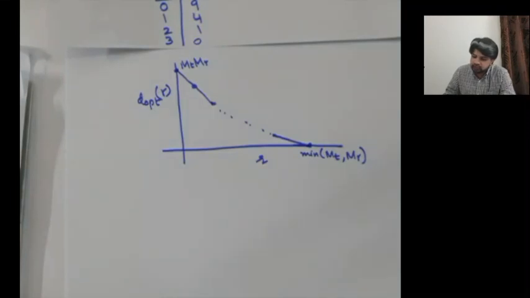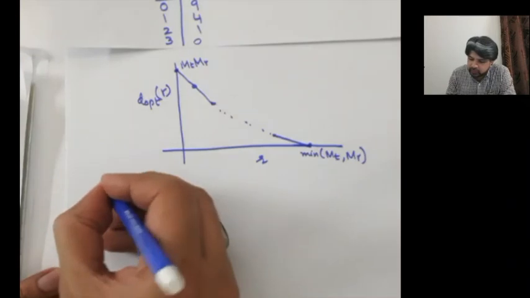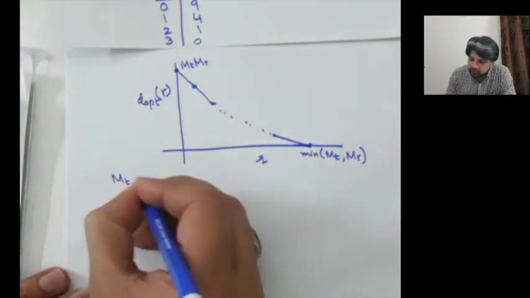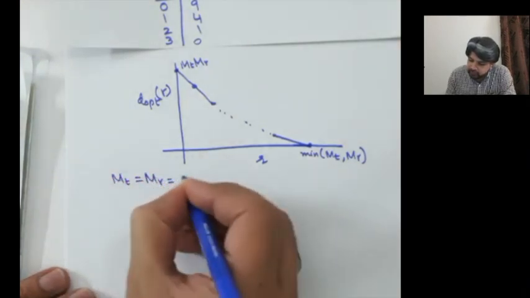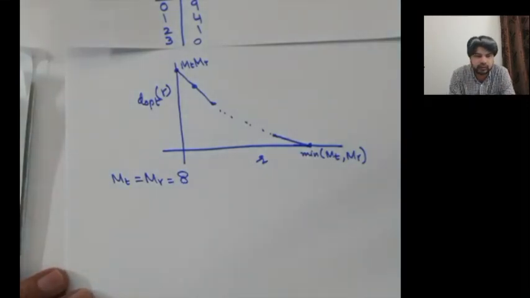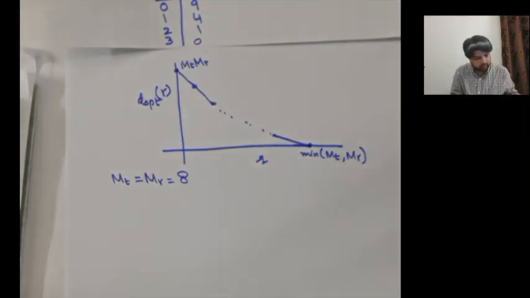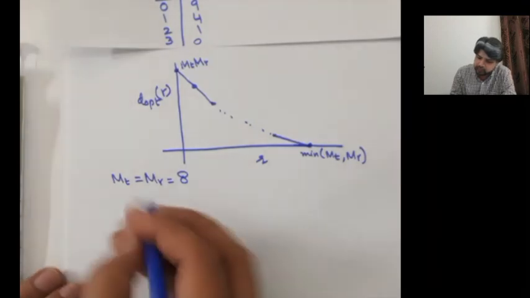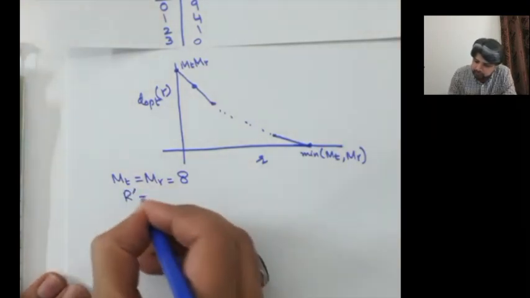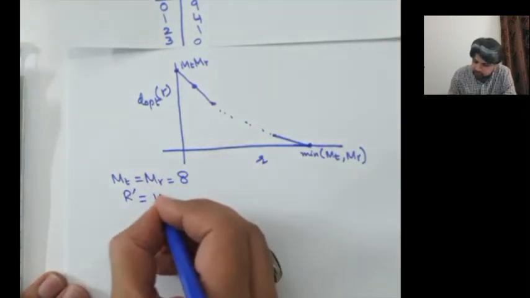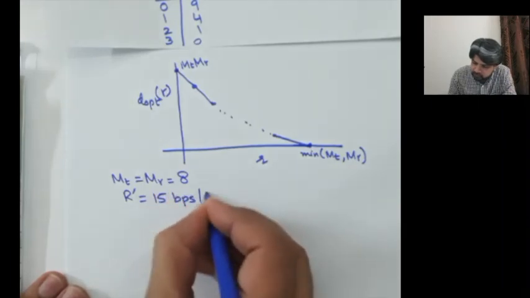So let's try to understand this from an example. Suppose you are given that you have 8 transmitting antennas and 8 receiving antennas, and you're given that the R prime that you want to achieve is 15 bits per second per hertz.